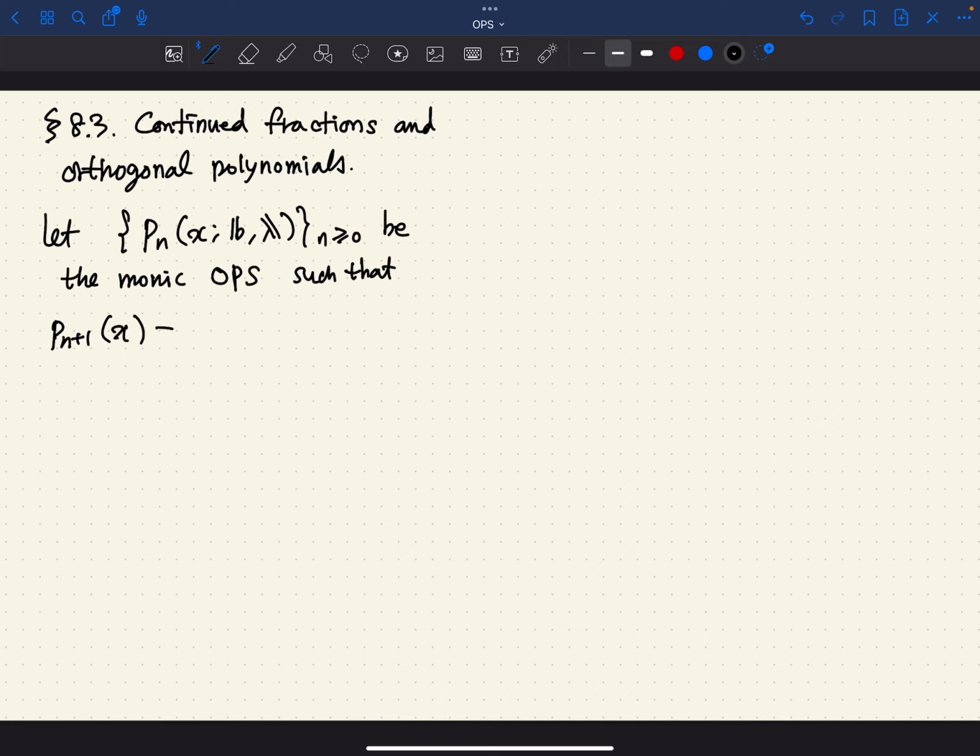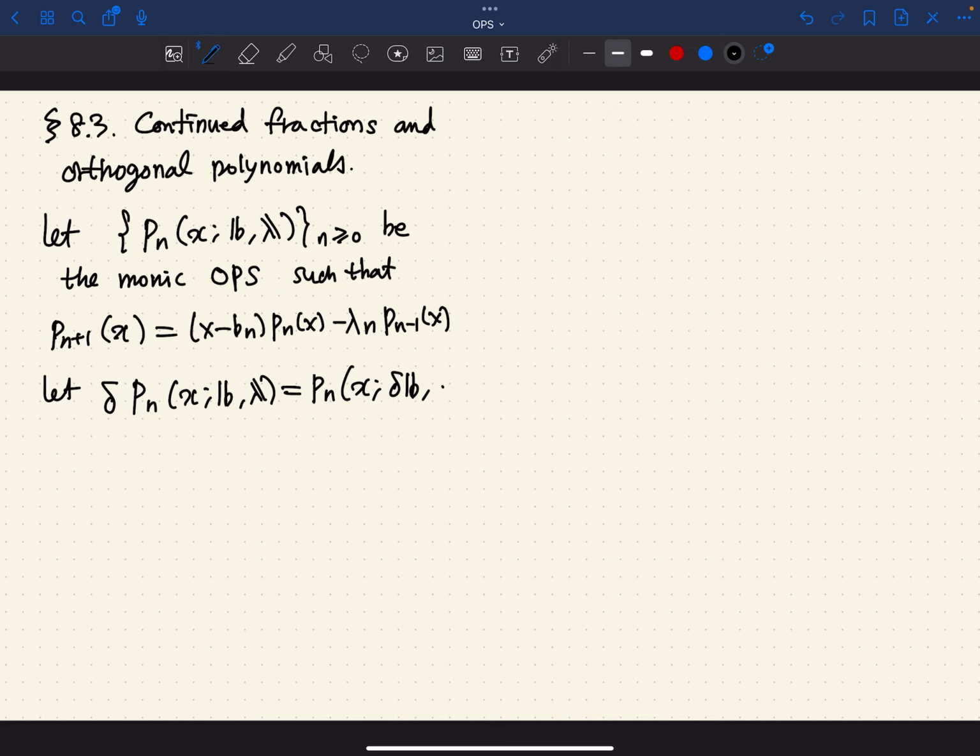I'm going to omit b and lambda if the meaning is clear. And also we write delta p n x, b lambda. That means we just shift b and lambda by 1. This is just notation.